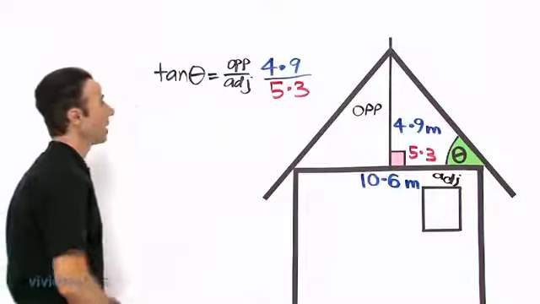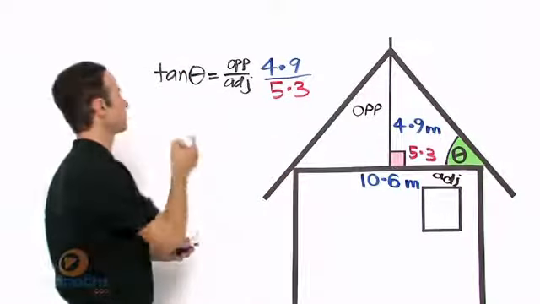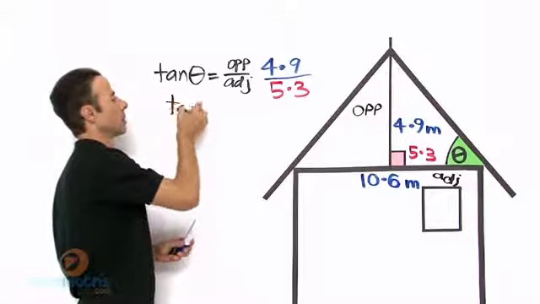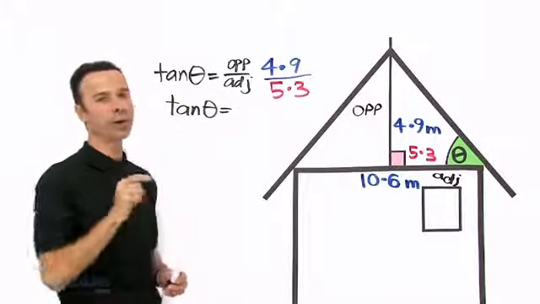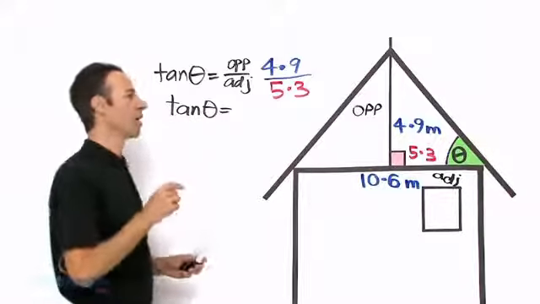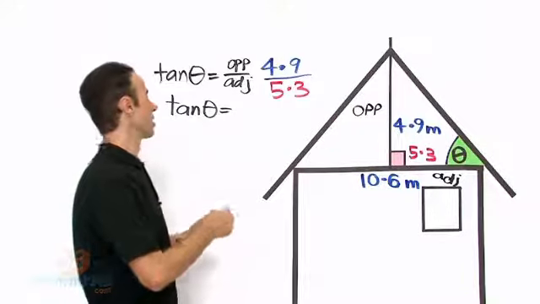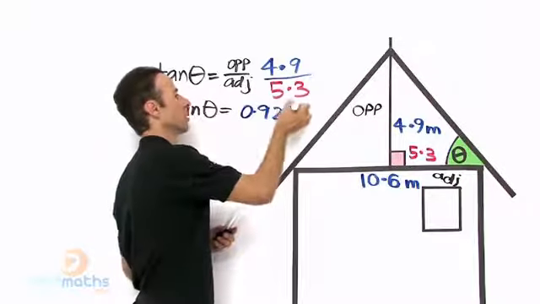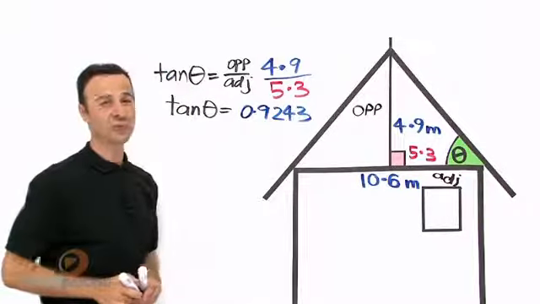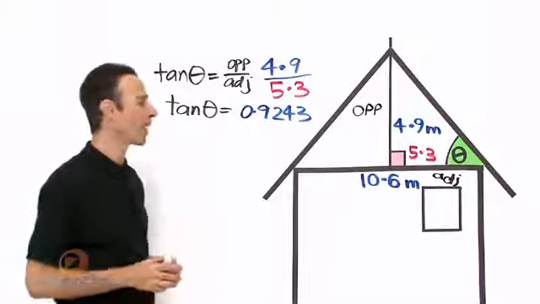Okay, let's bring the tan theta down. Now, on the calculator, 4.9 divided by 5.3 is 0.9243. Let's go to at least 4 decimal places. That way we can be more accurate.